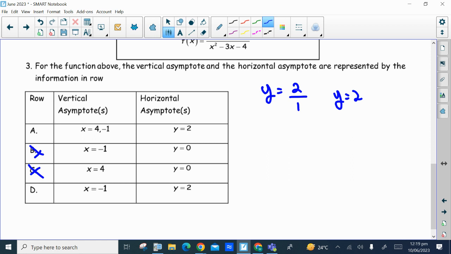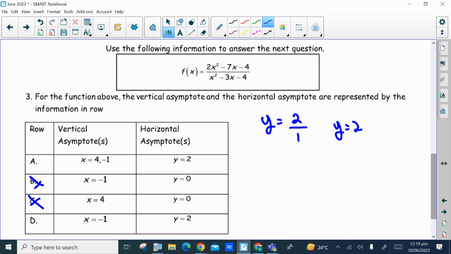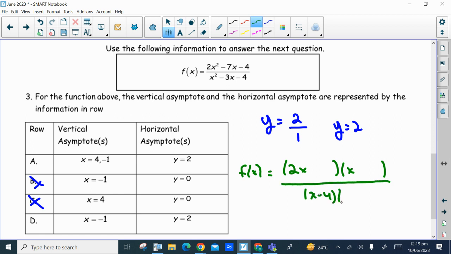But now we have to find the vertical asymptote. And we do that by simplifying the expression, by factoring. On the bottom, the factors are x minus 4, x plus 1. And if we put an x minus 4 there and a 2x plus 1, the outer products are -8x, the inner products plus 1x.